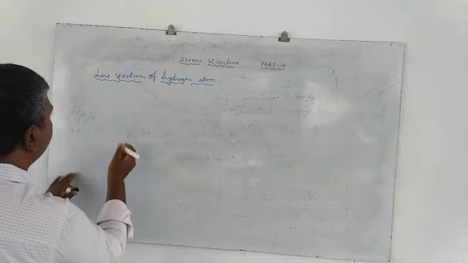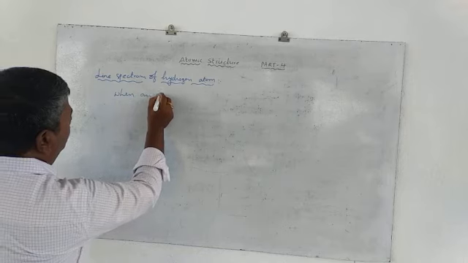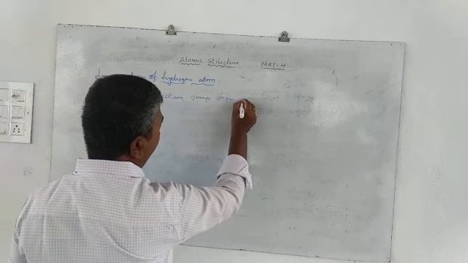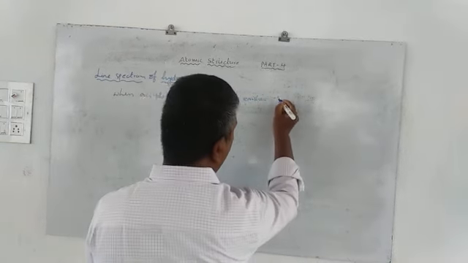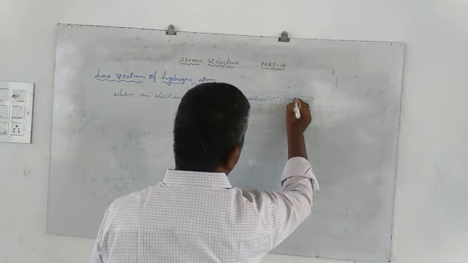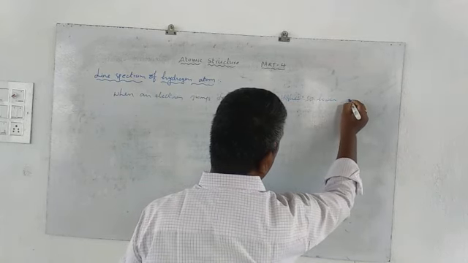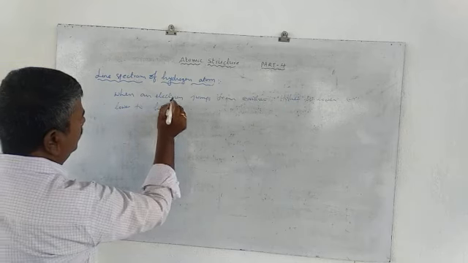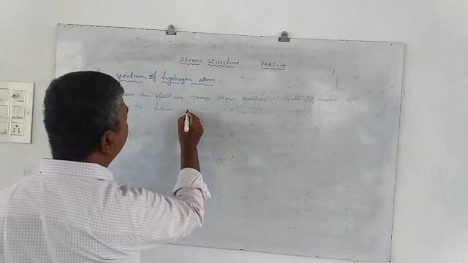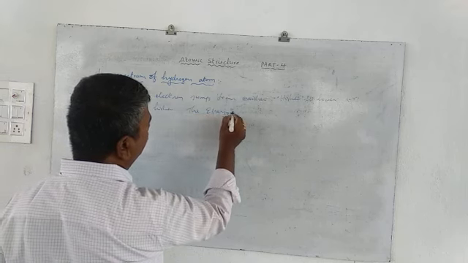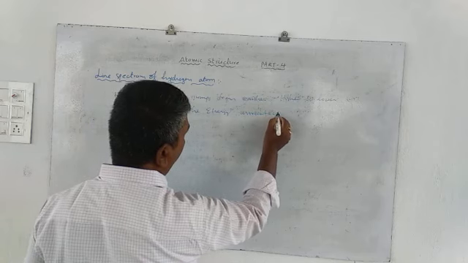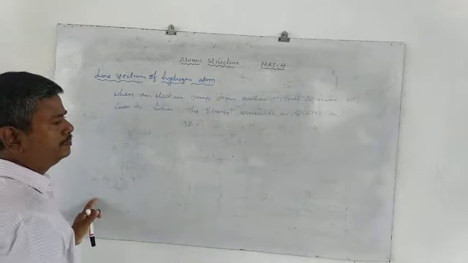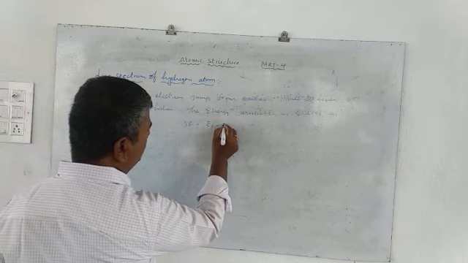For example, when an electron jumps from higher to lower or lower to higher level, the energy is related as delta E equal to E final minus E initial.